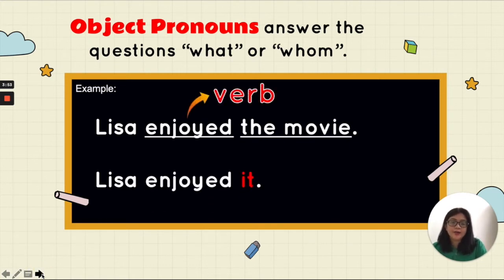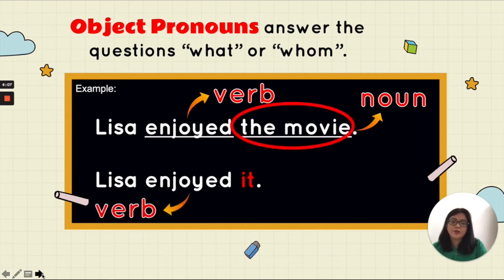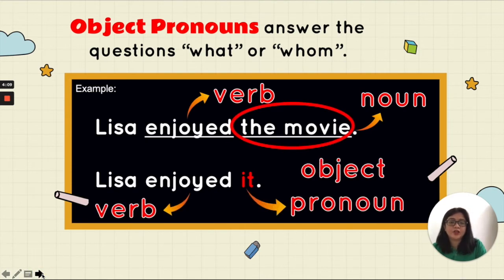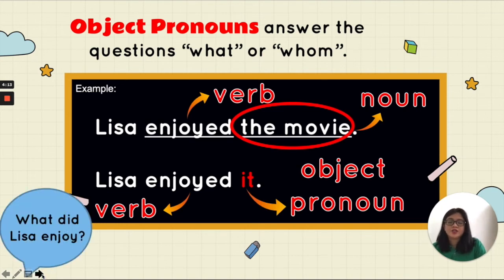Your verb again, the word that shows action, is enjoyed, and the movie is the noun. We're going to change the movie, which is a noun, to the word it, which is an object pronoun. So it answers the question what or whom. What did Lisa enjoy? She enjoyed the movie. She enjoyed it.